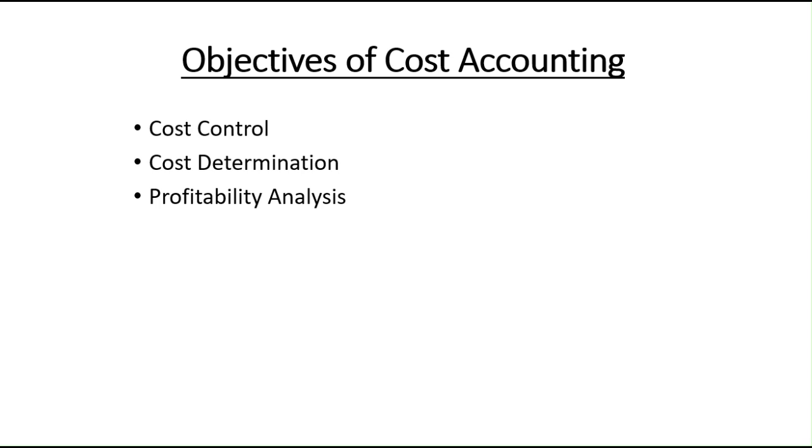For example, take a manufacturing company with 10 product lines, where five of them are getting us more margins and five are getting very little margin compared to the other five. We should focus more on the more profit-yielding ones, which will increase the overall profitability of the organization.